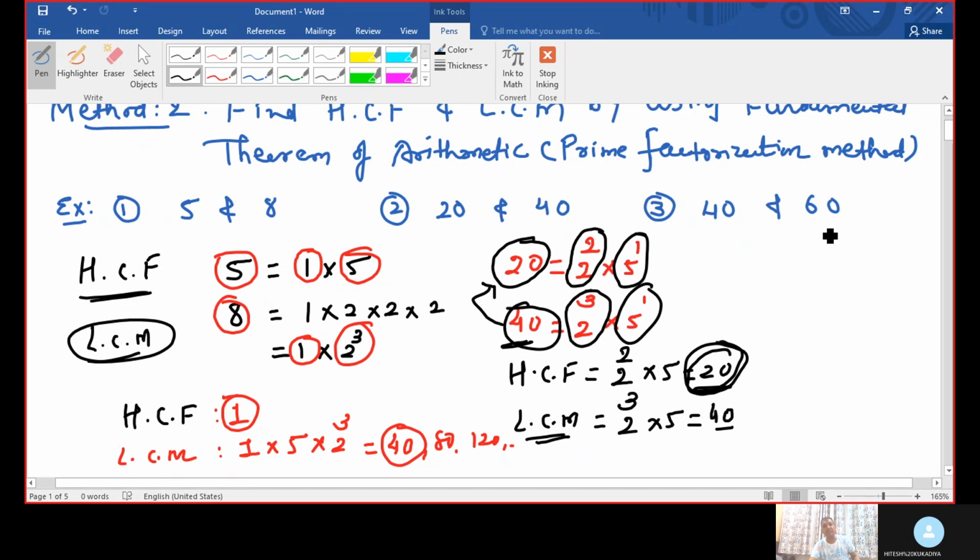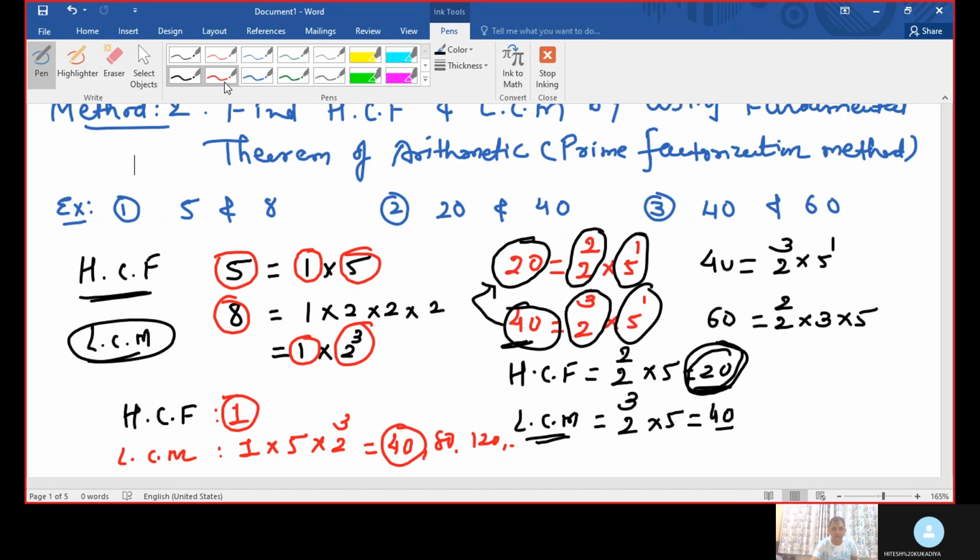Now 40 and 60, the third example. Look here, again factorization. 40's factor is 2 raised to 3, 8 fives are 40. And 60's factor is 2 raised to 2, 4, 4 threes are 12, 12 fives are 60. Now we find the HCF.